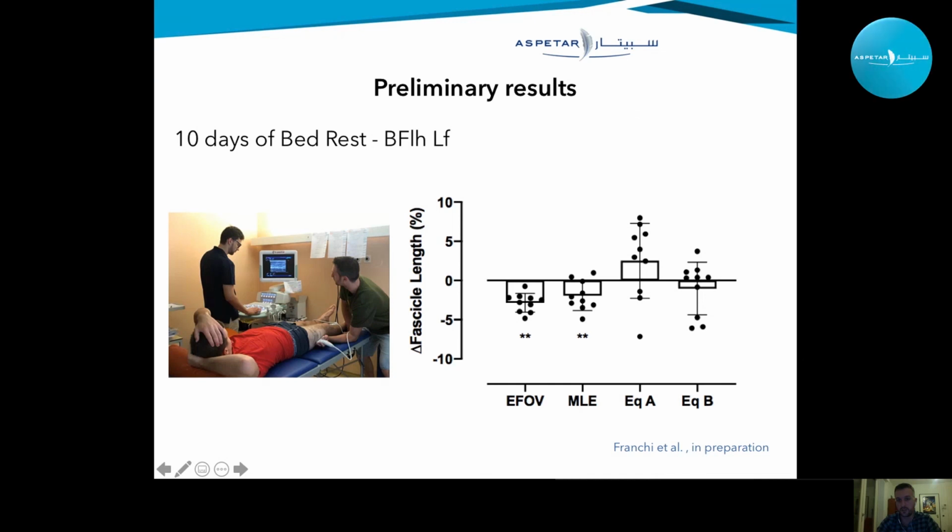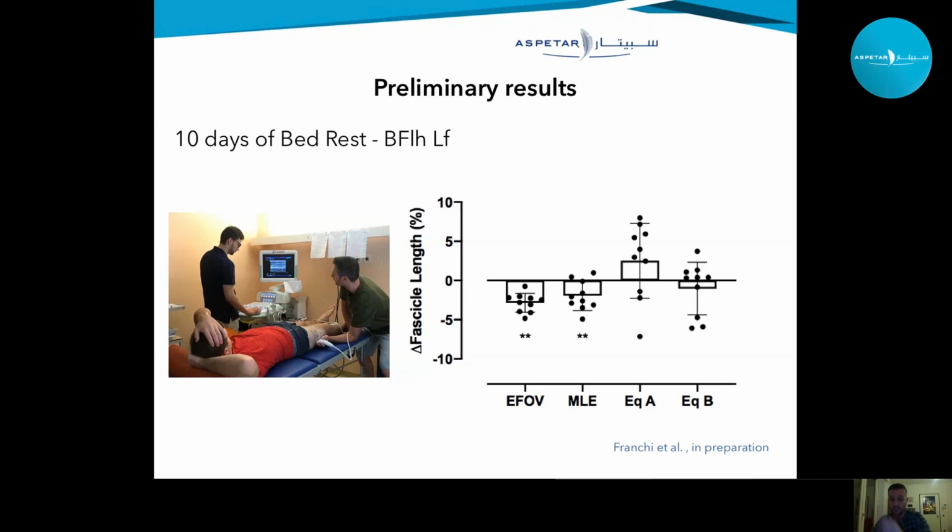But the trigonometric equations do present some problems, especially probably because of what I said before. It's dependent on an equation, and it brings in extrapolation, so it's not ideal to use that method even when we monitor longitudinal changes in muscle.